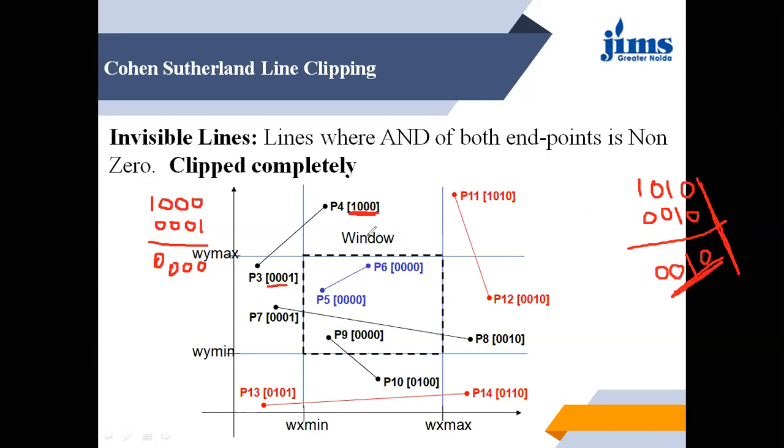The example that we saw earlier, that is 100 and 0001, in that case this line is not over here. This line is like this.